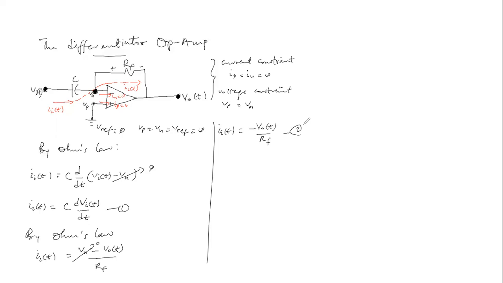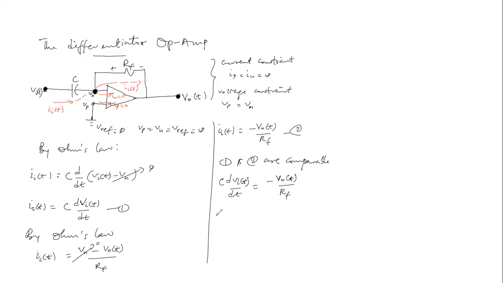And now you observe that the 2 equations are comparable. So since equations 1 and 2 are comparable, what we now have to do is to combine them. So that is C dV sub I of t over dt is the same as negative V naught of t divided by R sub f.